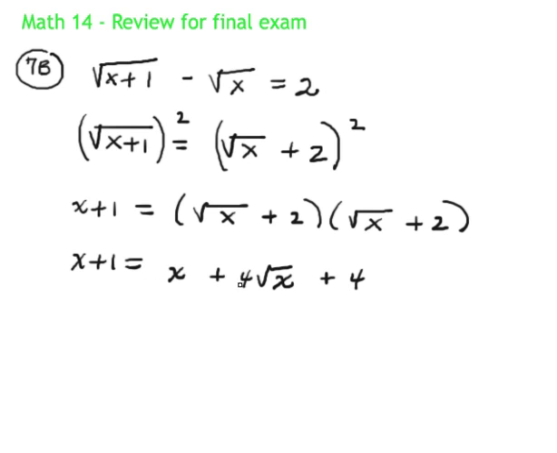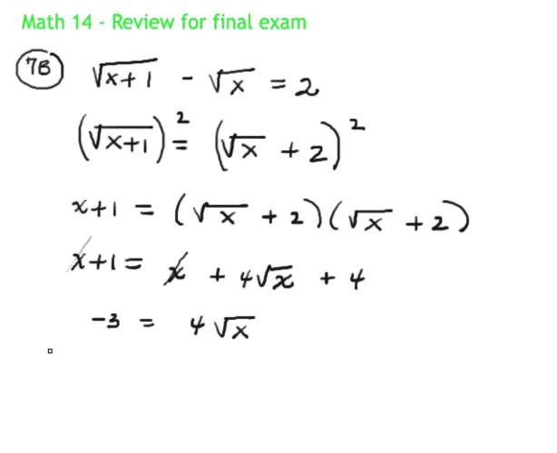Now we're going to isolate this radical and square both sides again. So let's start by subtracting x from both sides. Minus x. So these cancel each other out. Let's subtract 4 from both sides. So we have 1 minus 4. That's minus 3 on the right. And on the left, we're left with 4 times the square root of x.